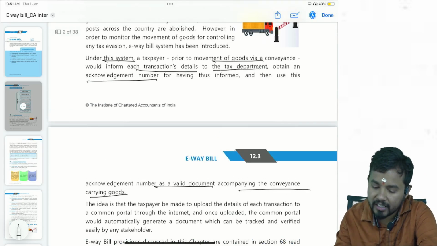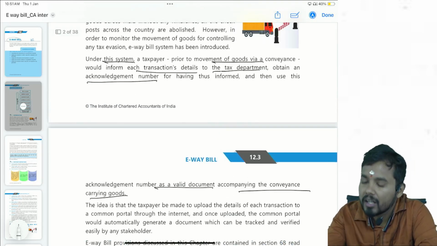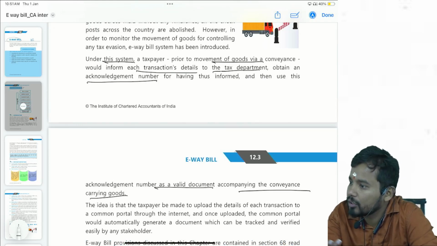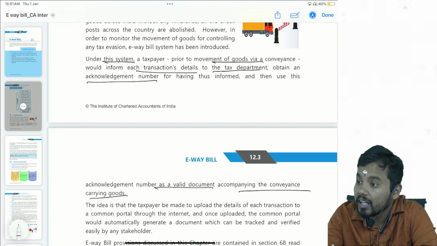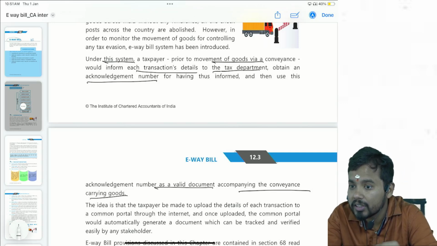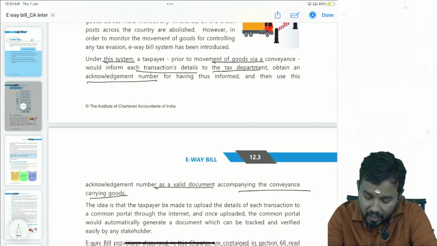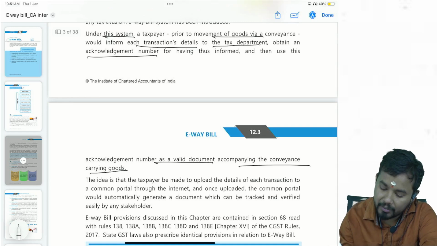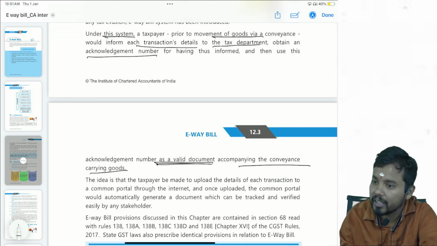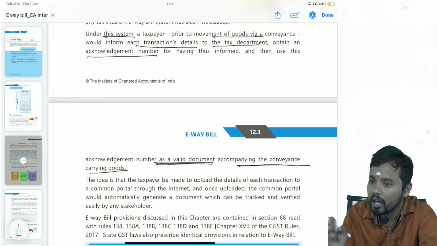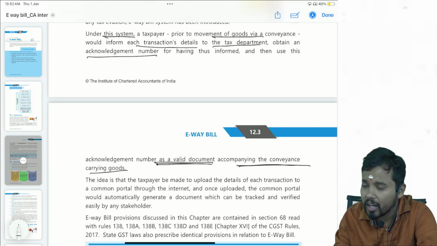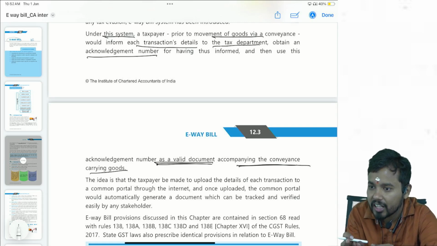Prior to the movement of the conveyance, I will inform the transaction details to the department, and I will take an acknowledgement number. That acknowledgement number, as a valid document, will go along with that conveyance.